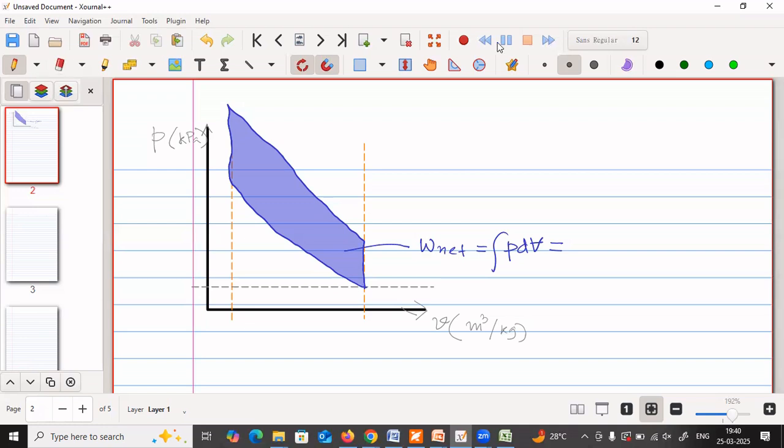Now if I mark the points here, the inlet is 1, then after compression it is 2, here it is 3, and here it is 4. So 1 to 2 is isentropic compression. Then 2 to 3 is constant volume heat addition.